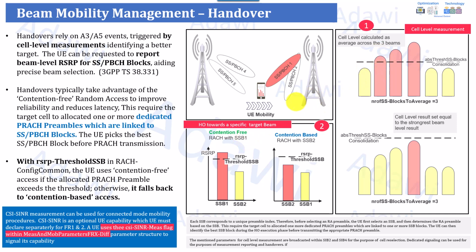This is another story: there is an additional parameter called rsrp-ThresholdSSB, usually delivered in the RACH configuration common parameters, and the user uses it to decide whether to send something. The gNB and user decide based on this parameter whether the handover execution phase will be done as contention free or contention based.